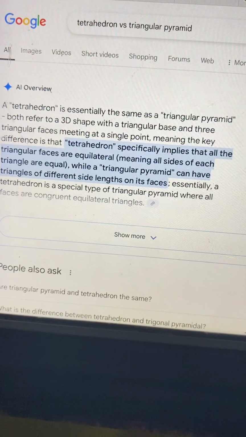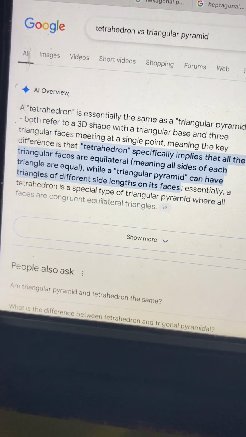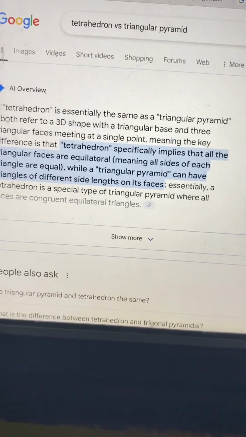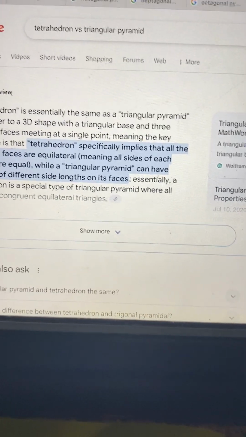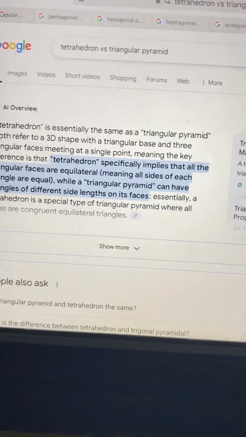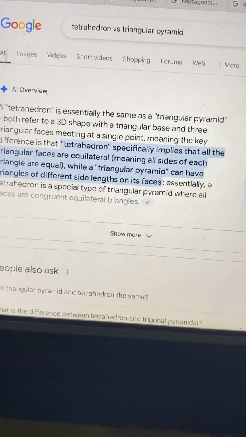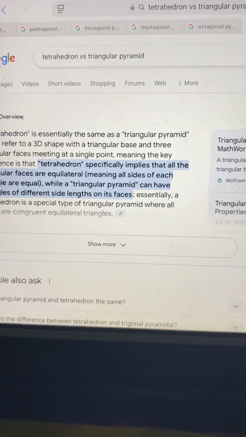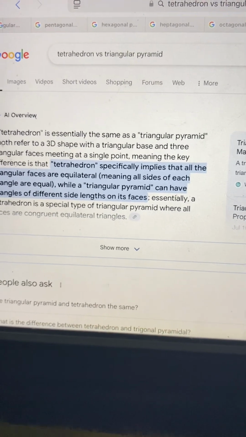See, over here? But a triangular pyramid could have triangles of different side lengths on its faces. So essentially, a tetrahedron is a special type of triangular pyramid where all faces are congruent equilateral triangles, or 3-sided shapes. So, not all triangular pyramids have equilateral faces.